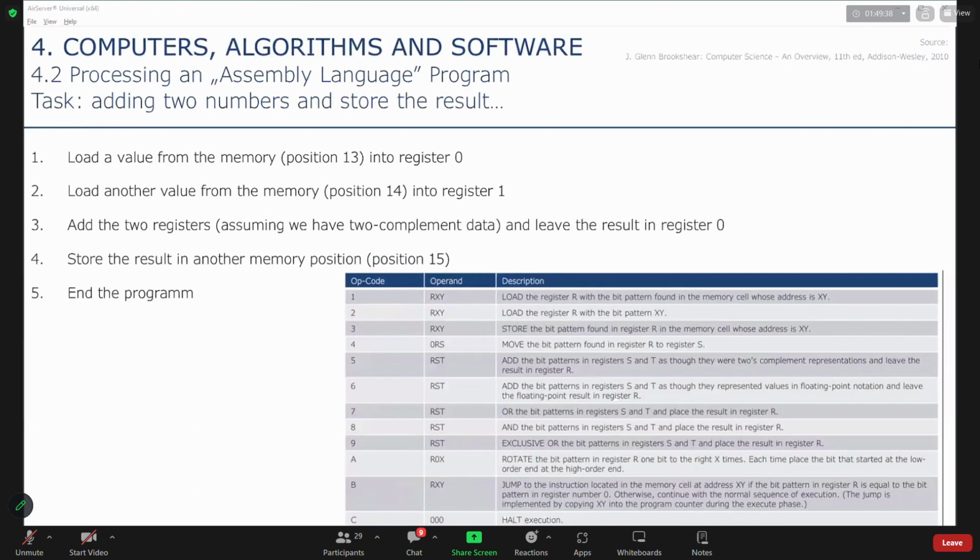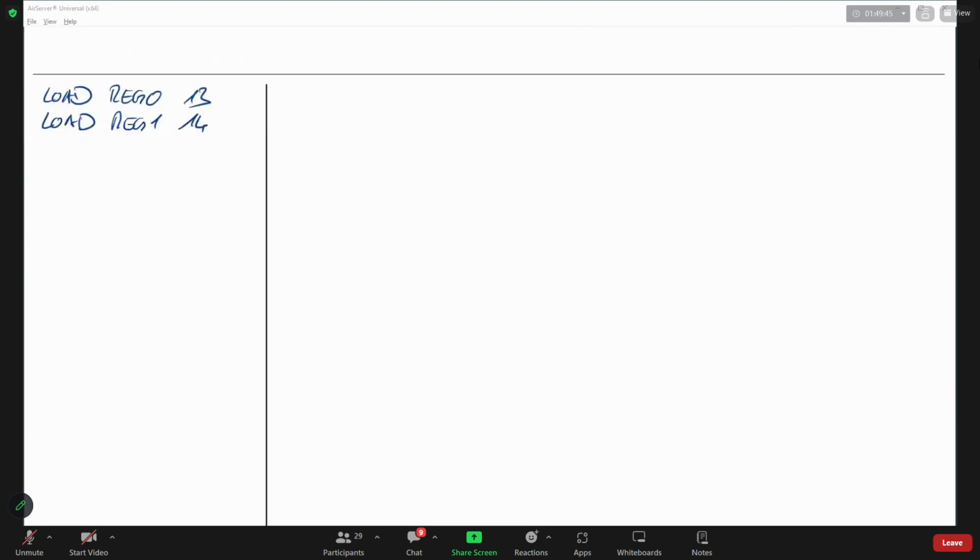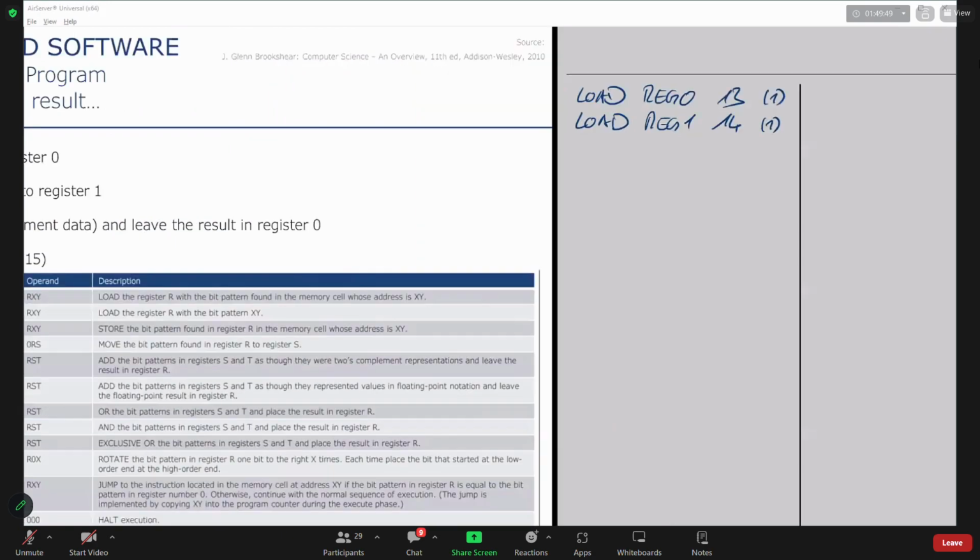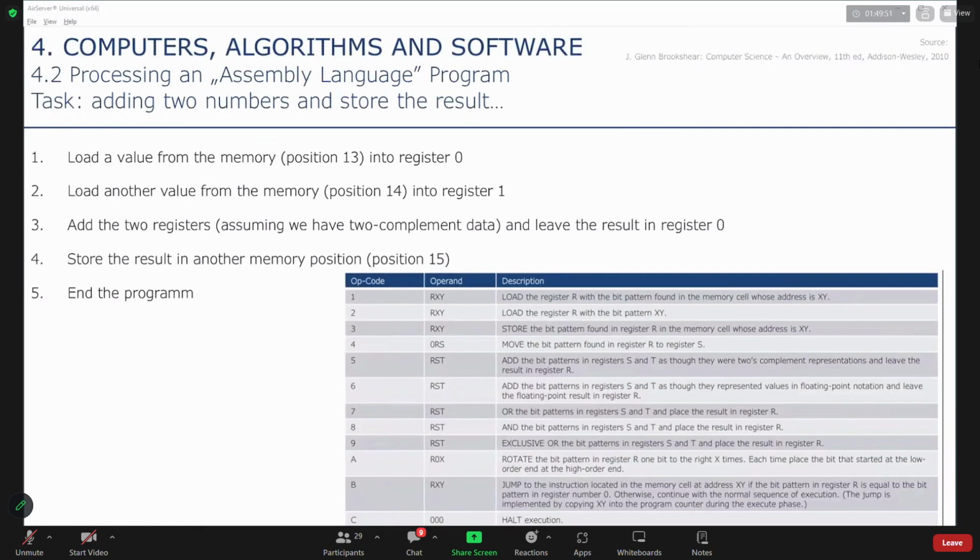Then in the next one, add the two registers and leave the result in register 0. So maybe we are just adding here that this is opcode 1. Add the two registers, assuming we have two's complement data, and leave the result in register 0. So it's that one here. Add the patterns in register S and T as though they were two's complement representation and leave the result in register R. So add.